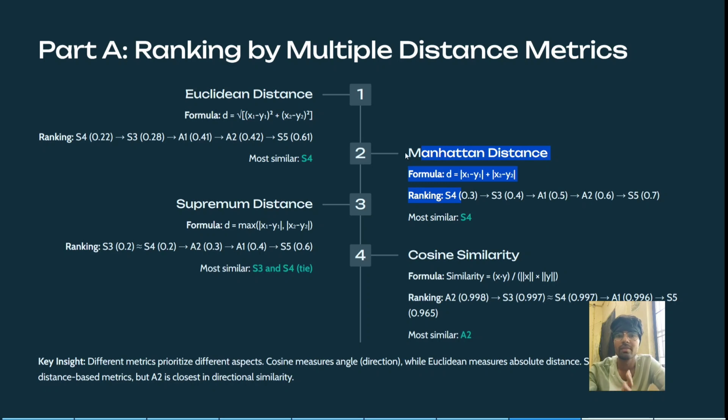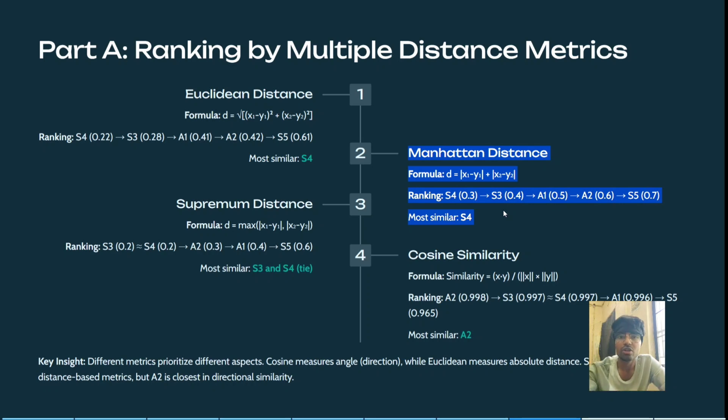S4 is most similar with the distance 0.22. Now Manhattan distance. For S1, the absolute value of 1.4 minus 1.5 plus the absolute value of 1.6 minus 2.0, and then we get 0.1 plus 0.4 equals 0.5.